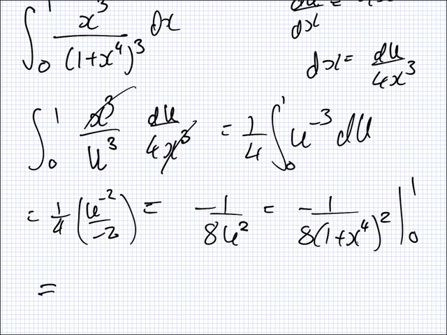So 1 plus 1 is 2, and 2 squared is 4, and 4 times 8 is 32. So it's minus 1 over 32, plus 1 over 8, which is 3 over 32. And isn't that what I said, 3 over 32?